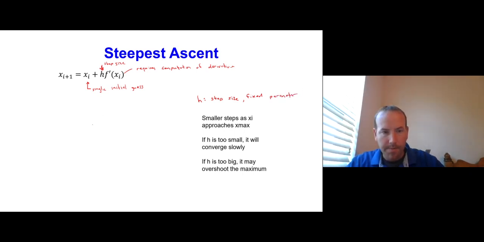The basics of the method is if you had a function f of x that was 1 minus x to the 4, then it might look something like this.